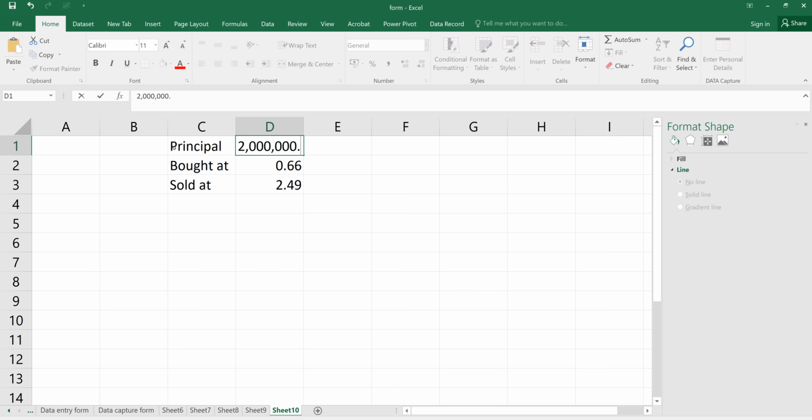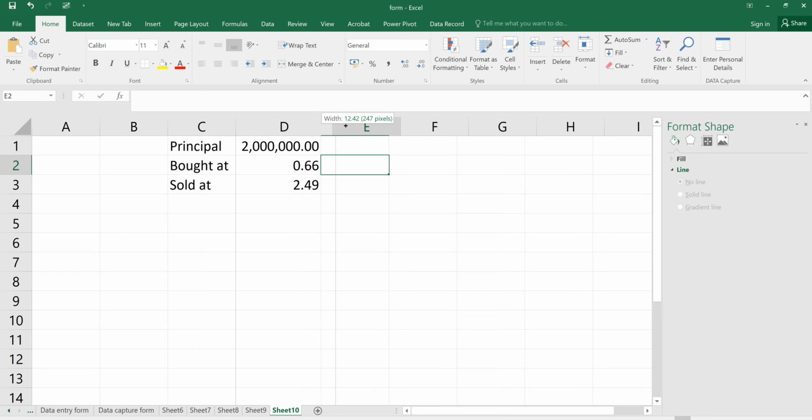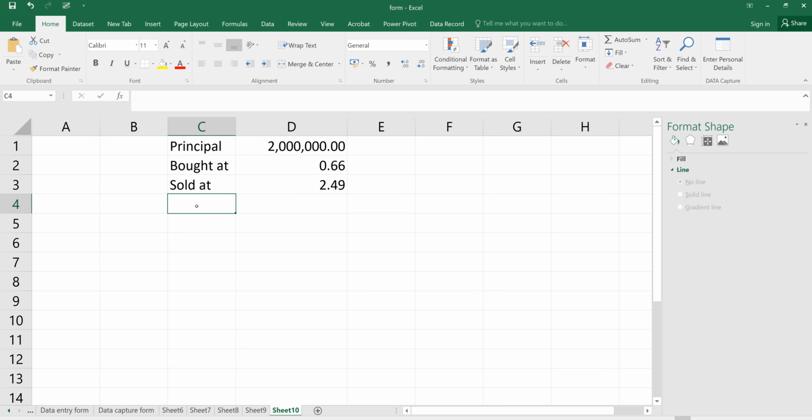This is how it's gonna work. You're gonna buy.